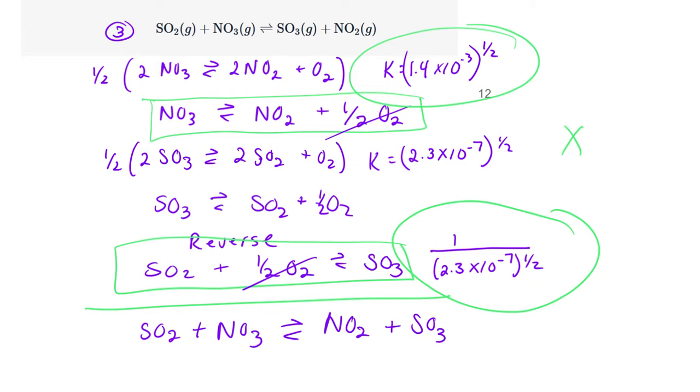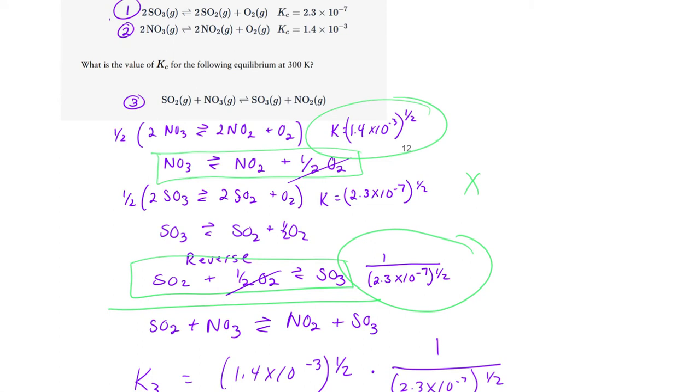So we'll do overall K, K3, because we said this was our equation 3: 1.4 times 10 to the minus third raised to the 1/2, all of that times 1 over 2.3 times 10 to the minus 7 raised to the 1/2 power. And in doing that algebra, I end up with 77.9, or 78.